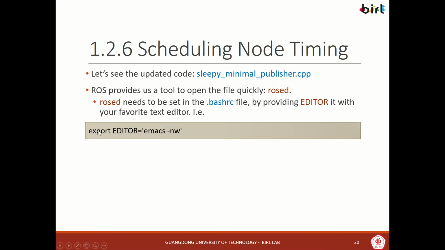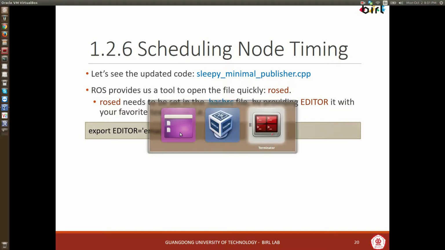And so in our bashrc file, we need to say, hey, I want to create this variable name EDITOR. So we say export EDITOR, and then you can give it the name of your favorite text editor. It can be Vim, it can be gedit, it can be Emacs, or it can be, in my case, Emacs with no new window.